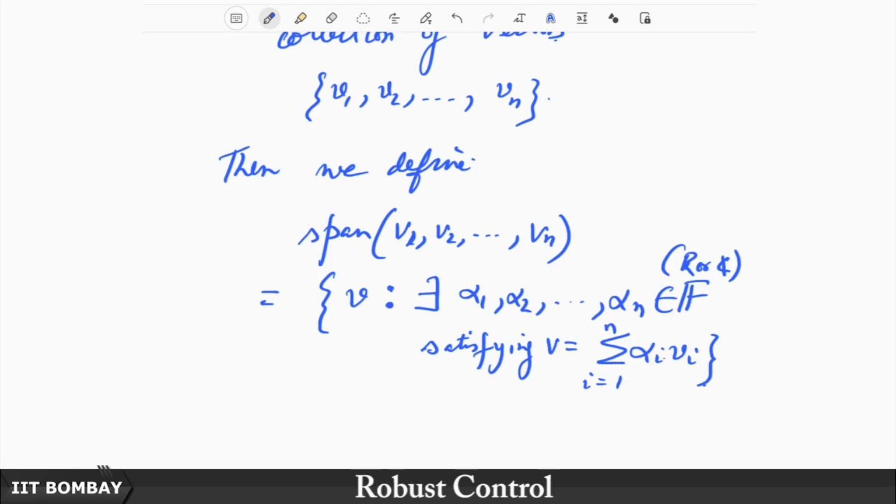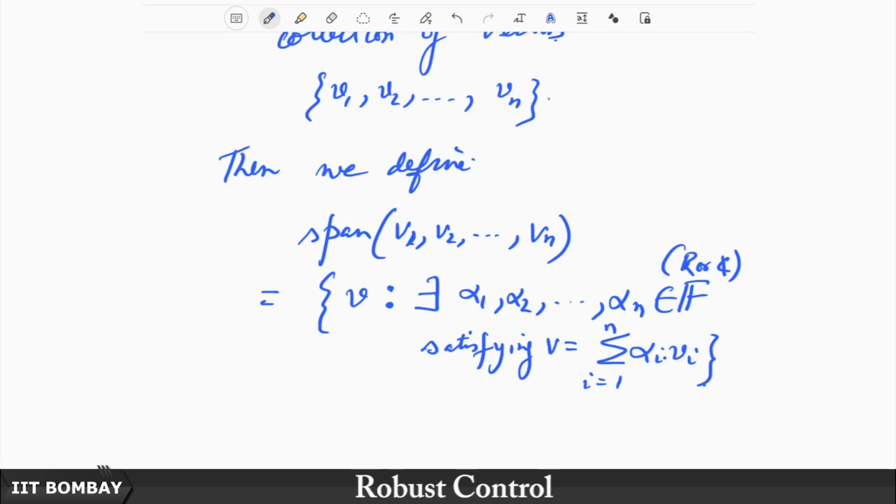So, remember this is a scalar multiplication that is defined in the vector space. And then when we sum, this sum is basically the vector addition that we have defined in the vector space. So, just to be sure that we are not doing any illegitimate operations or some undefined operations, both of these operations are defined. When we are multiplying alpha 1 times V1 or alpha 2 times V2, those are in the sense of the scalar multiplication that the vector space already contains within itself.